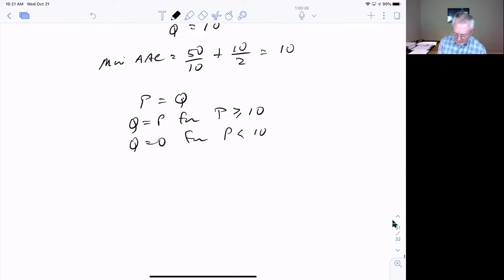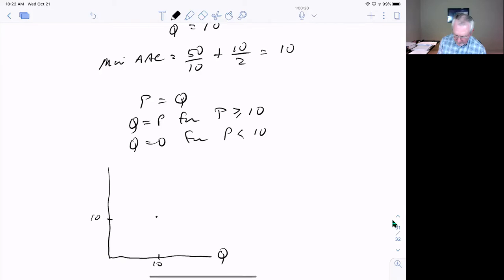So what do I have here? Again, I've got this discontinuity introduced by the presence of the fixed costs. So Dan has to get at least 10. And we've got a very easy supply curve here. Once price hits 10, Dan produces 10 pizzas.